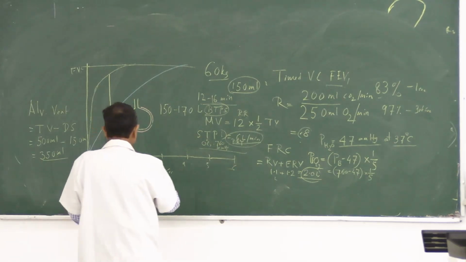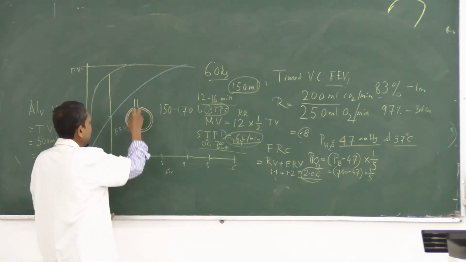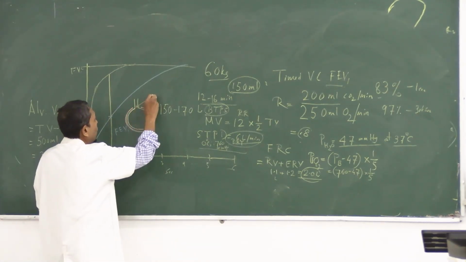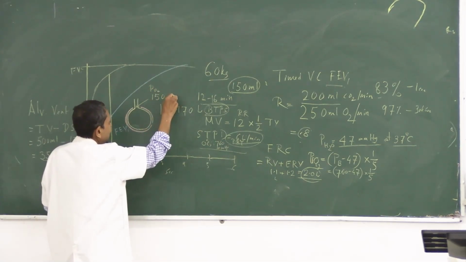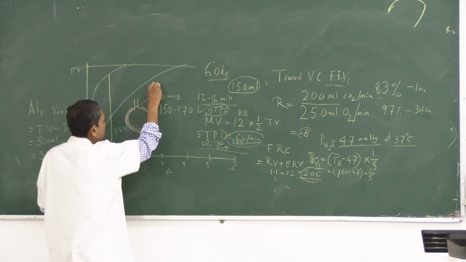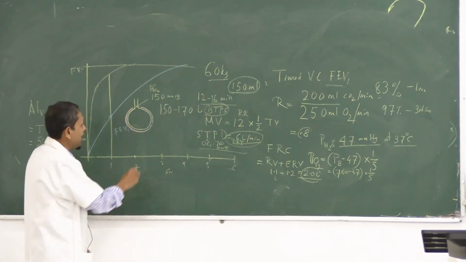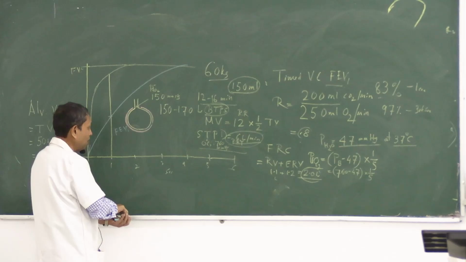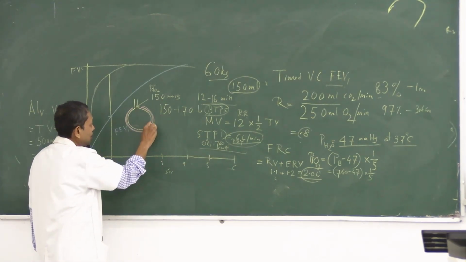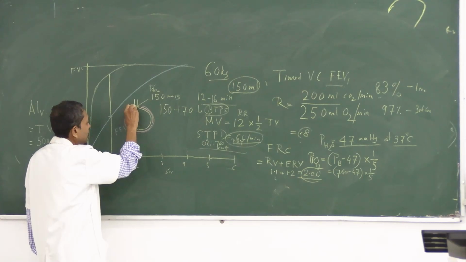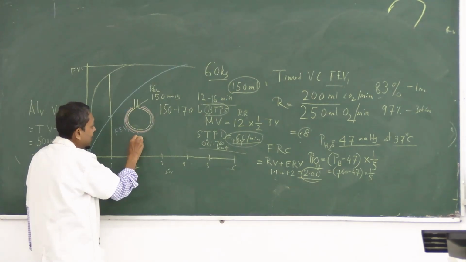Suppose in this position, if you consider the oxygen, the partial pressure of oxygen, PO2, is 150 millimeter of mercury. PiO2, inspired air, if you consider. And here in the pulmonary capillaries, it is 40 millimeter of mercury.